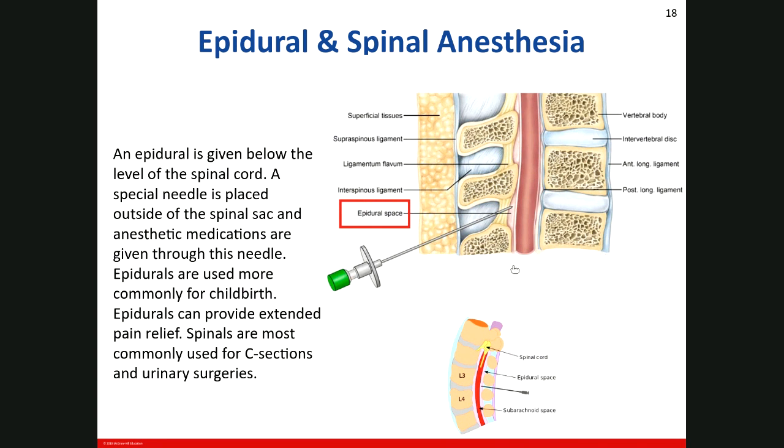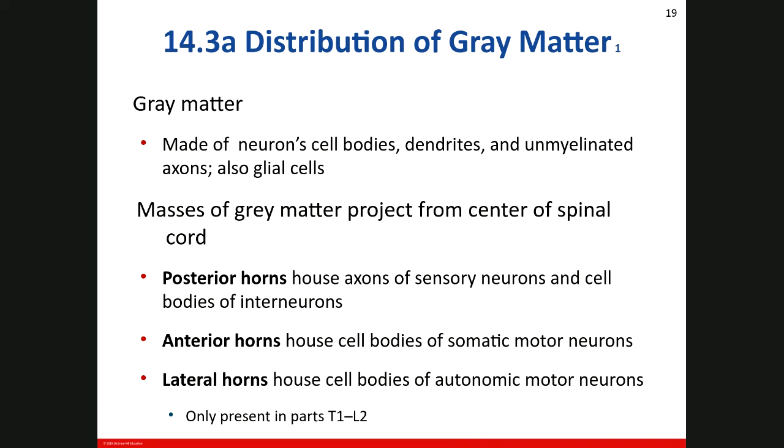For C-sections, urinary surgery, and some surgeries which we want to do on the lower limb, we can use this epidural anesthesia, because you know that general anesthesia has its own complications. So for prevention of these complications, we can use epidural anesthesia.